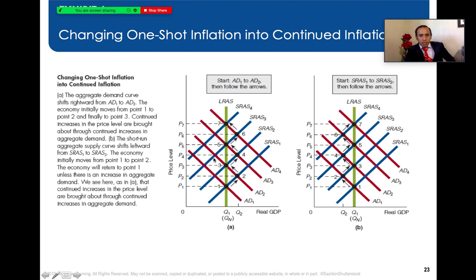Now, if it just stops at AD2 and stays there, that's one-shot inflation. When we're looking at ongoing increases in aggregate demand through the economy, we're going to have ongoing inflation for a long period of time. It can also happen on the supply side. Model B indicates an economy that is experiencing ongoing inflation from the supply side of goods and services.